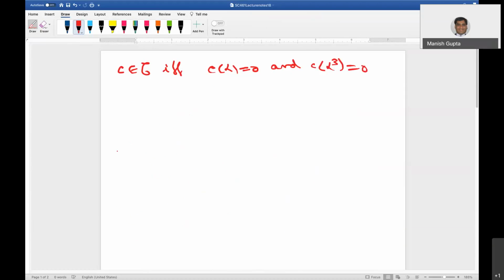From the previous argument, that means the minimal polynomial of alpha, which is m1(x), divides c(x), and the minimal polynomial of alpha cube, which is m3(x), divides c(x).